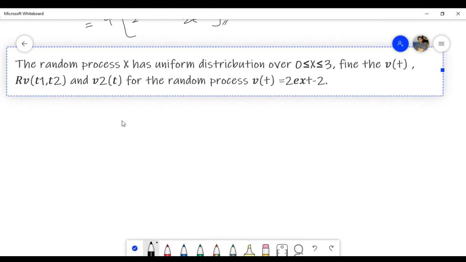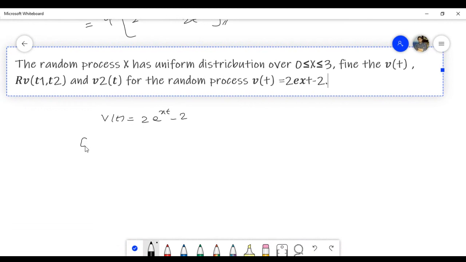So what we have here is v of t equals 2 e power xt minus 2. So we have to find the mean, variance and autocorrelation function here.